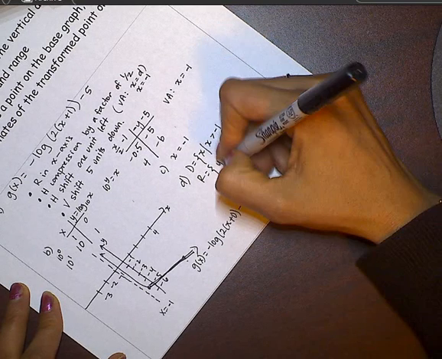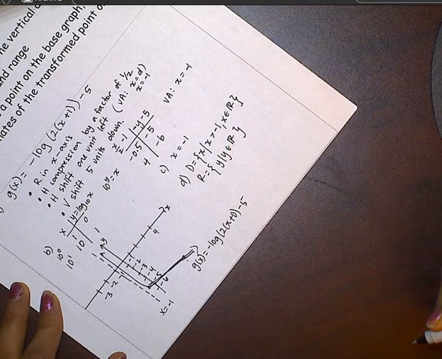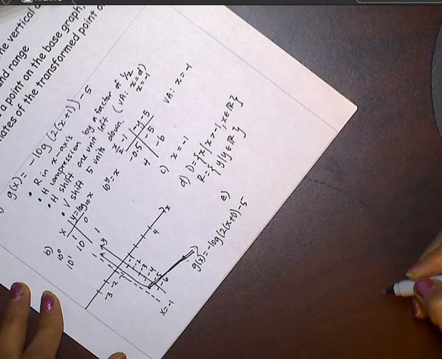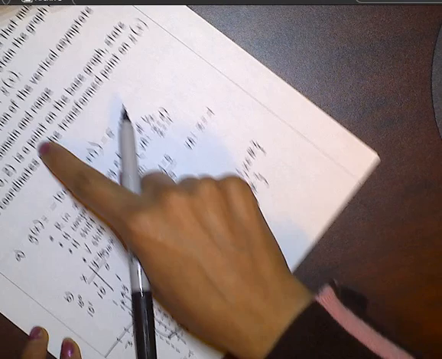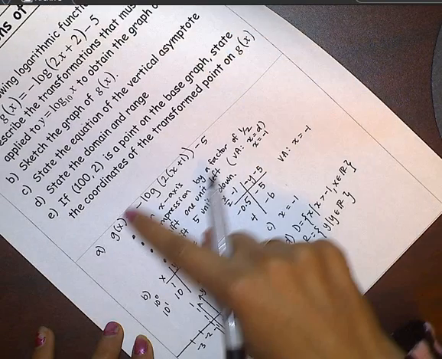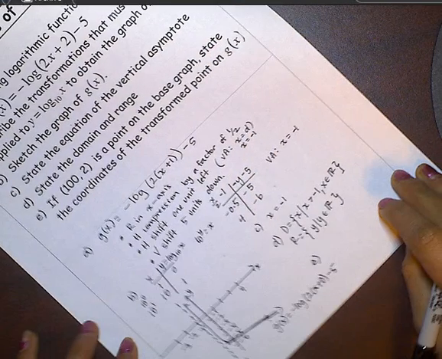Okay, and then part E says, if (100, 2) is a point on the base graph, state the coordinates of the transformed point on g of x. Okay, so I have (100, 2) as my point. I'm just going to do it on my table of values that's already been indicated.